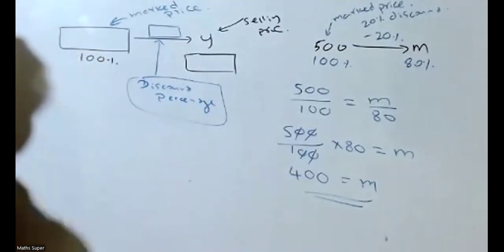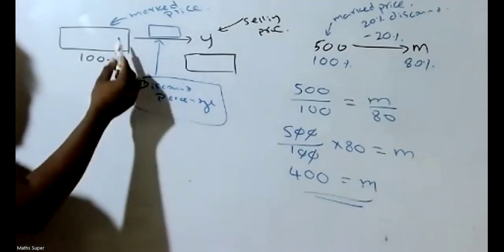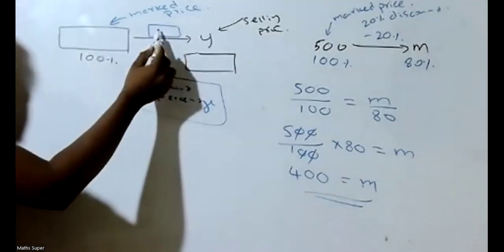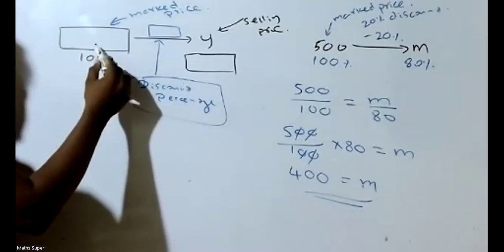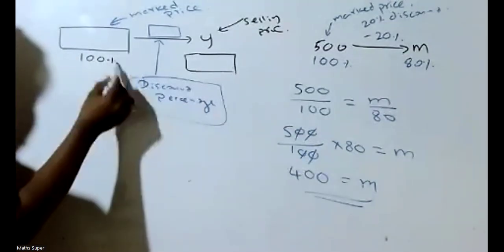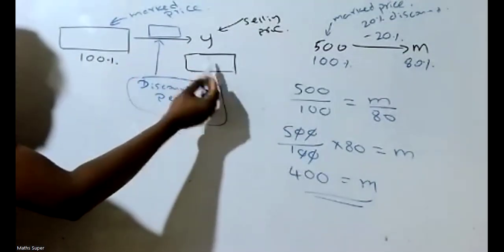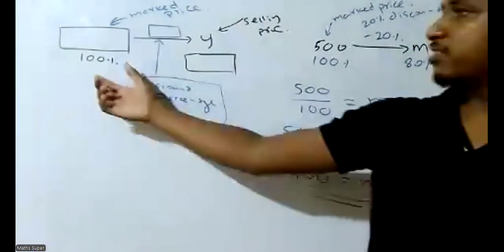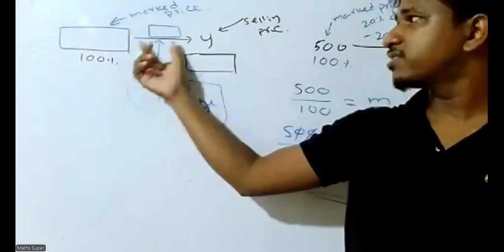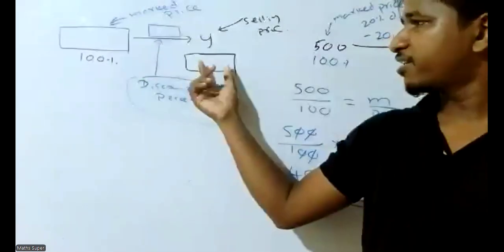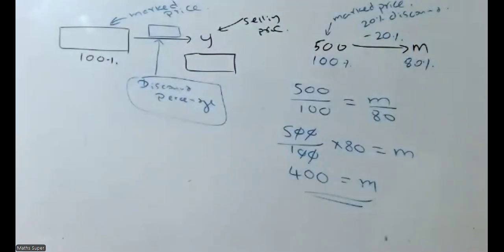You have to write it here. Then what to do? This one minus this one. This 100 minus this value, you can get the answer here. This is the structure. This 100% minus this discount, you can put this. Now what to do?